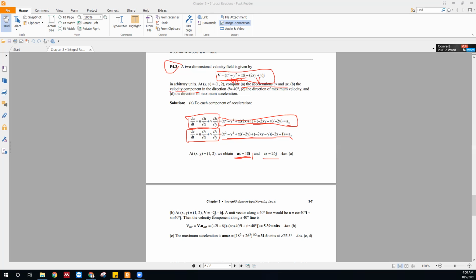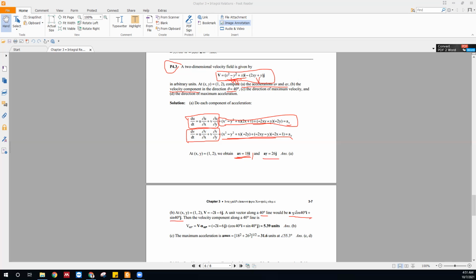So that's the velocity. Now, you see the question, the velocity component in direction. So in the direction of theta equals 40 degrees, to calculate the velocity component in this direction, we need to find a unit vector, right? So to find a unit vector along the direction of the 40 degree line, we can write this equation.